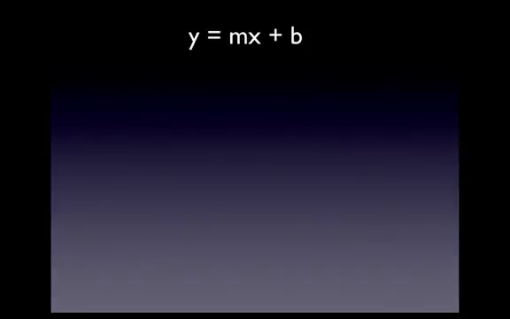All right, so let's take a look. If our formula for writing a slope-intercept equation is y equals mx plus b, let's take a look at what we currently know about all this information in this problem. We know that the y-intercept, or b, is equal to 10.